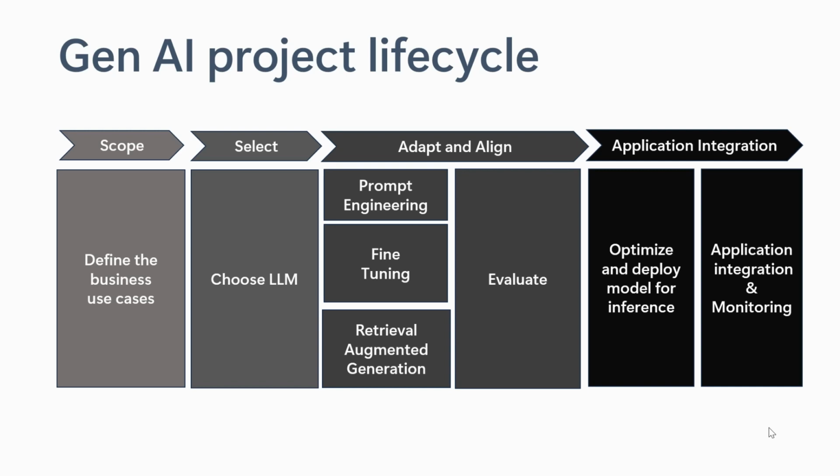Once you have your LLM ready with all the different techniques that you used for the adapt and alignment, you can start integrating your API. At the end, it is going to be exposed as an API, and then you can integrate that with your application. During the application integration, you can also think about some optimization techniques.